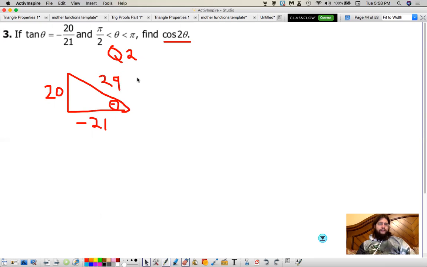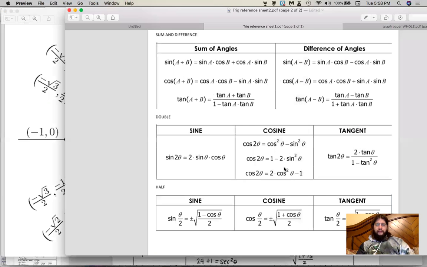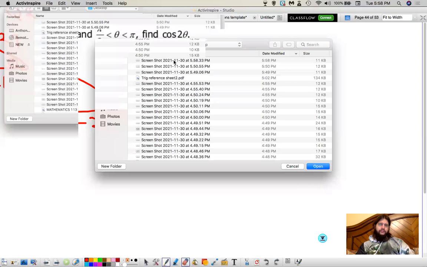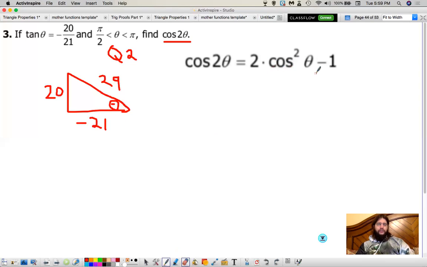All right, so I know what sine is. I know what cosine is. I guess either one of these will do. Eeny, meeny, miny, moe. I'll take this one this time. Okay, if we look at this, 2 times cosine of theta squared minus 1.